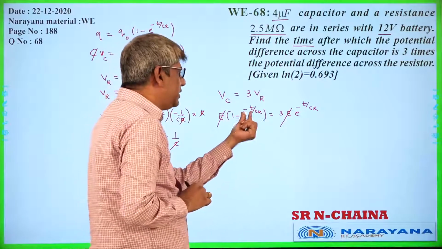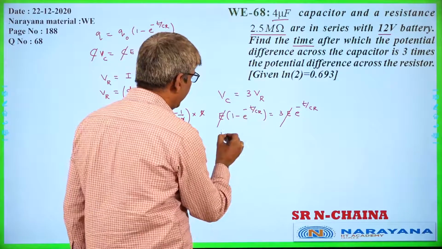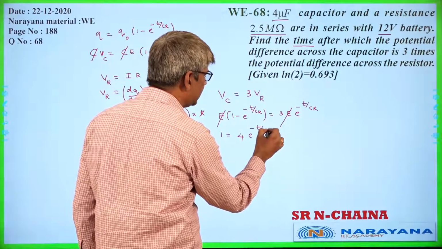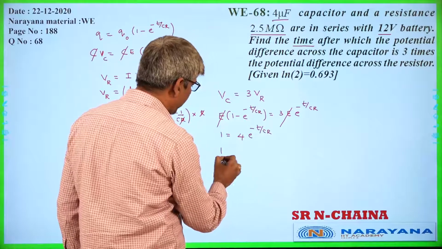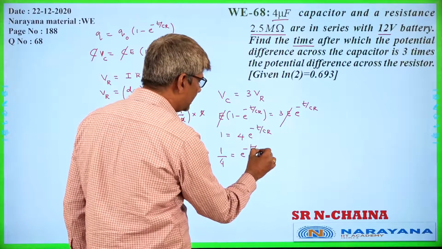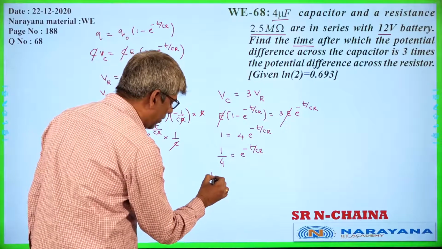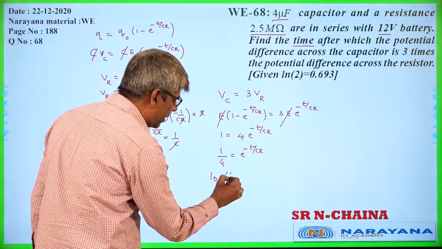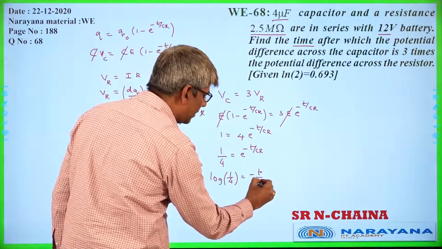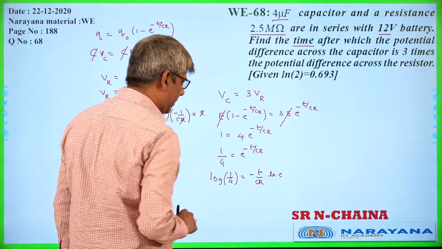Moving this exponential function to the right hand side, here 3 times, here only 1 time, so we get 1 is equal to 4 e power minus t by CR. Otherwise writing, 1 by 4 is equal to e power minus t by CR. Taking log, ln, on both sides, ln of 1 by 4 is equal to minus t by CR, ln base e.